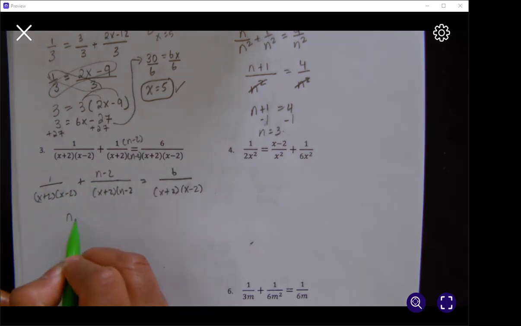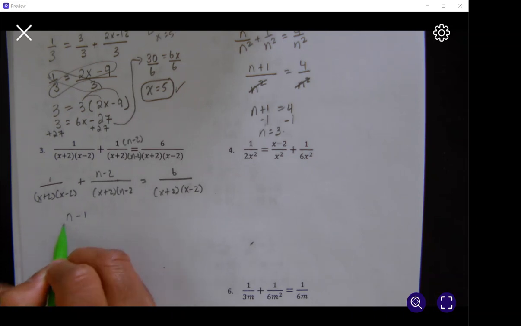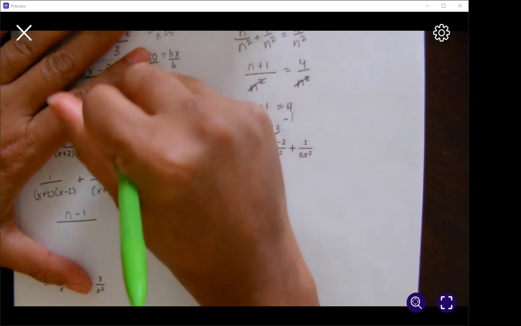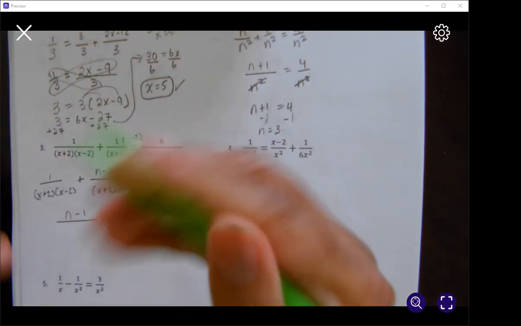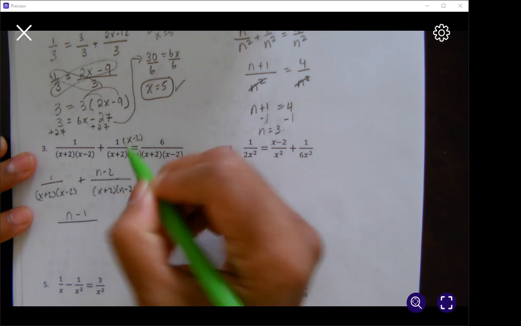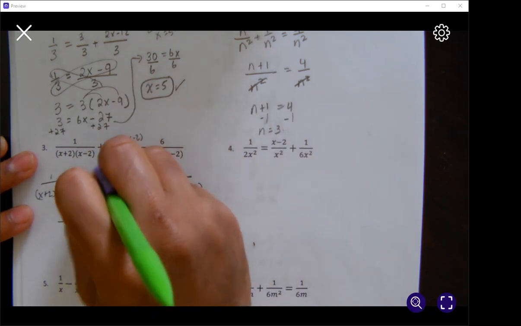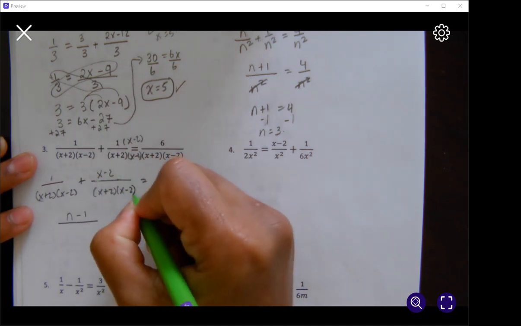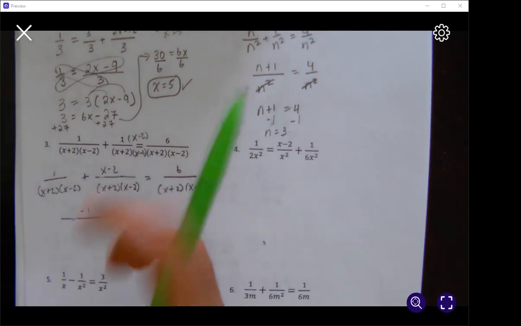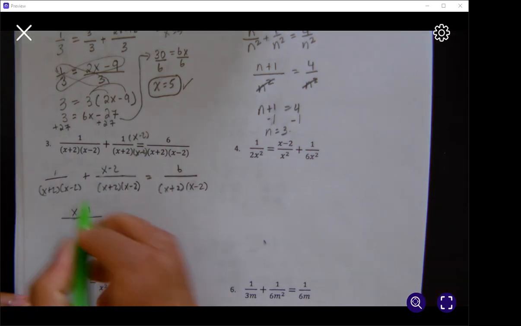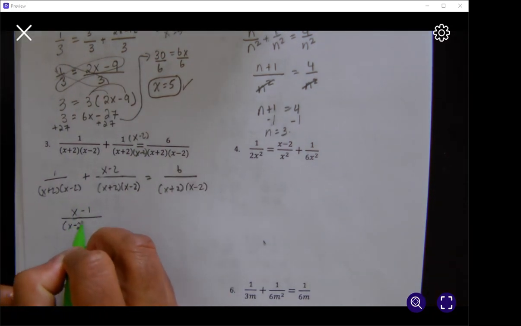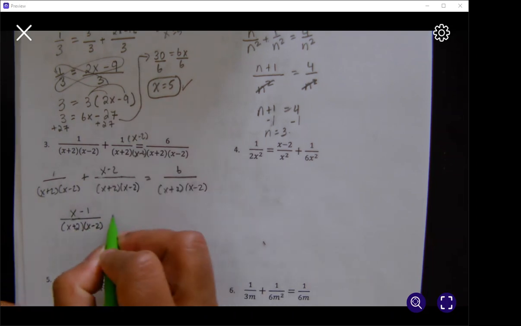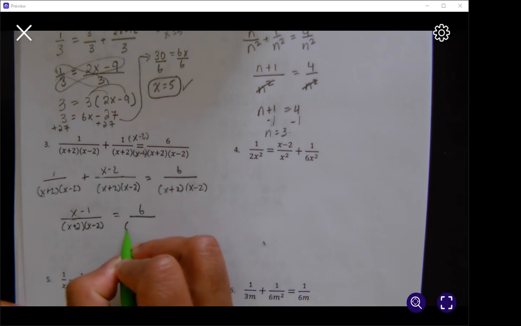So you're going to bring down that x. 1 minus 2 is negative 1, so x minus 1 over, why am I keep writing n? It should be x. My bad. Okay, bring that over. Equals 6 over all of this.